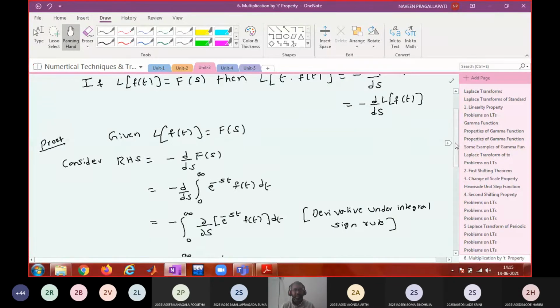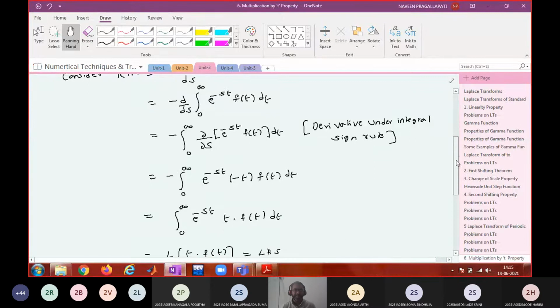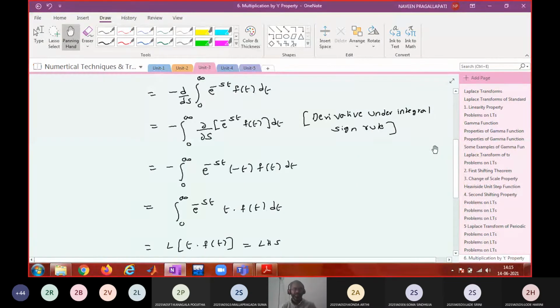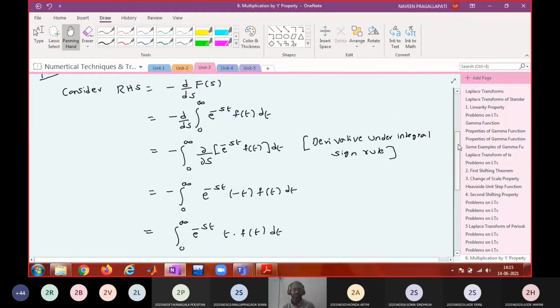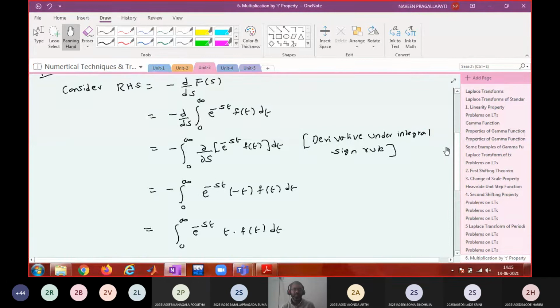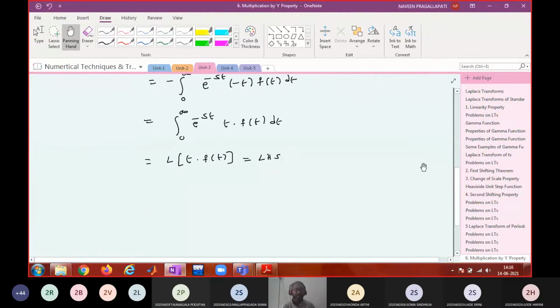The key point is just taking the derivative inside and writing d by ds as dou by dou s. Shall I proceed? Yes, sir.